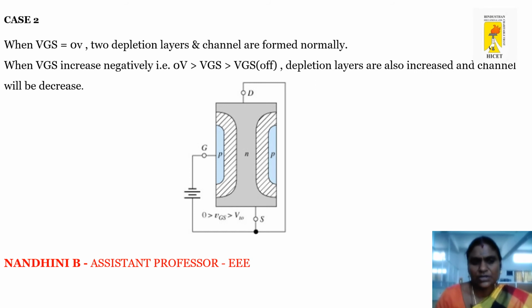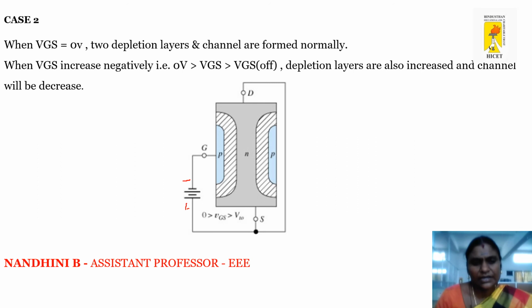Next is case 2, when VGS we are going to increase. See, this is our gate terminal, which is a P junction, and your source is your N terminal, right? So we are going to apply a reverse voltage, that is, for the P we are giving a negative supply, and for the N we are giving a positive supply. So on the whole for VGS we are applying a negative voltage.